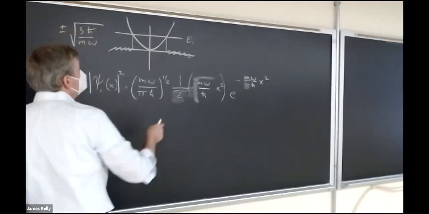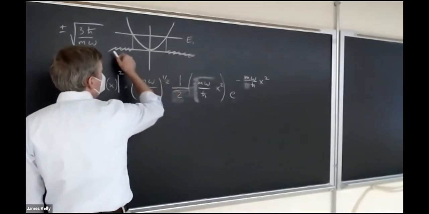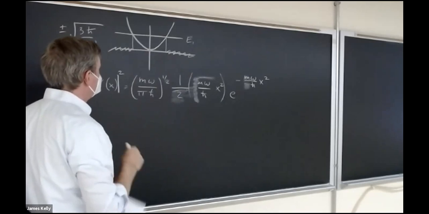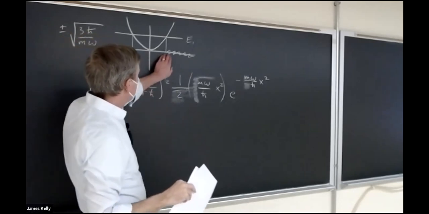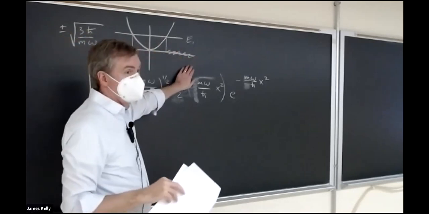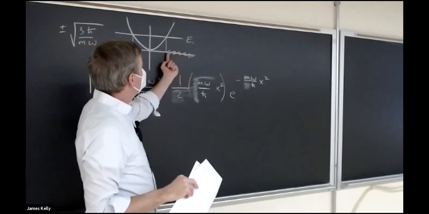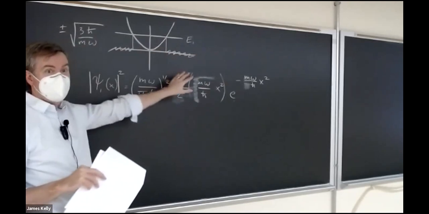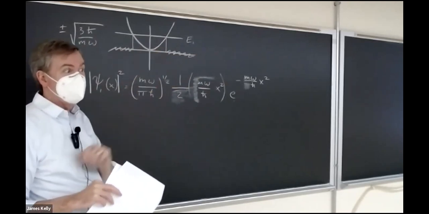Okay, so now what I want to do is, in this case, the probability densities for all the psi n's, the definite energy states, are left-right symmetric. So if I calculate the probability of being in this region, I can just double it to get the probability of being in both those regions combined.